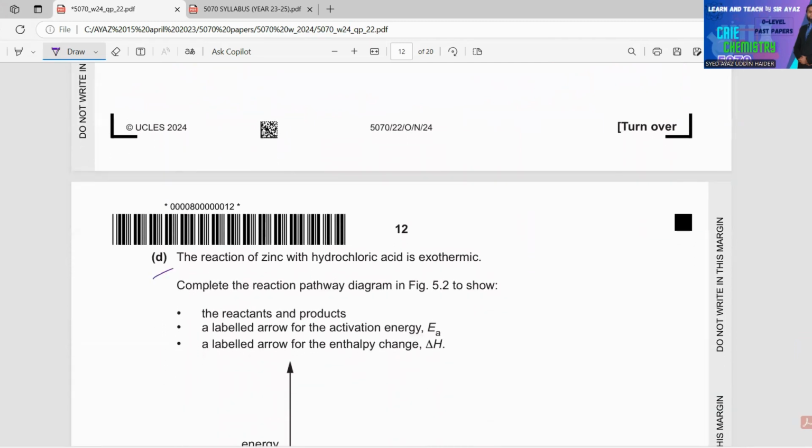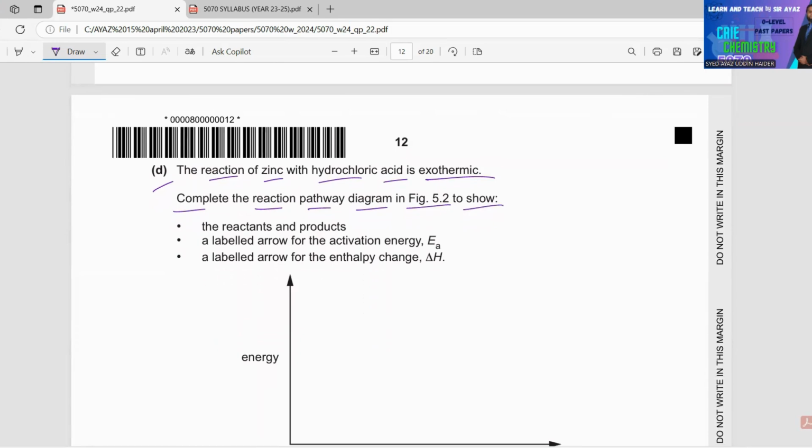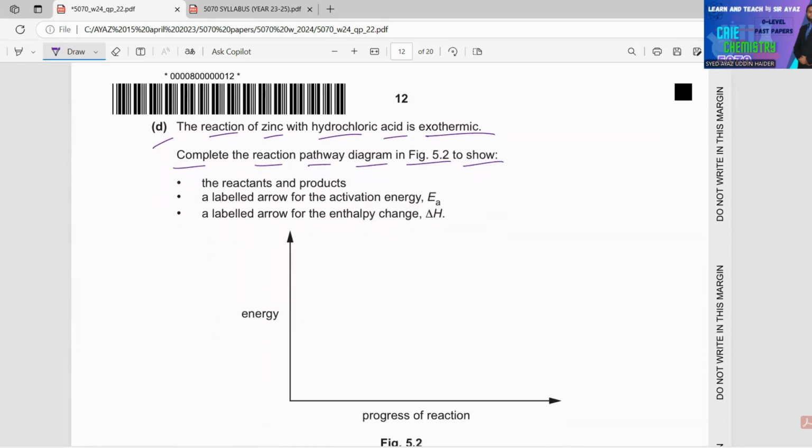Moving to next part, which is part D. The reaction of zinc with hydrochloric acid is exothermic. Complete the reaction pathway diagram in figure 5.2 to show the reactants and products, a labeled arrow for the activation energy EA, a labeled arrow for the enthalpy change delta H. Remember, for the exothermic reaction, reactants are at a higher energy state than products.